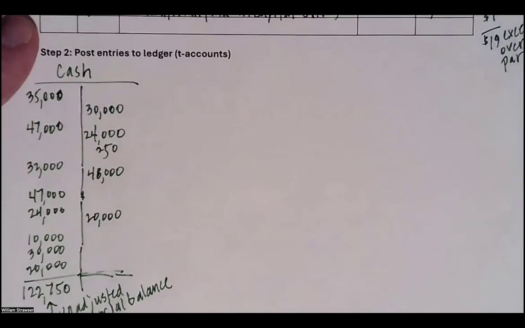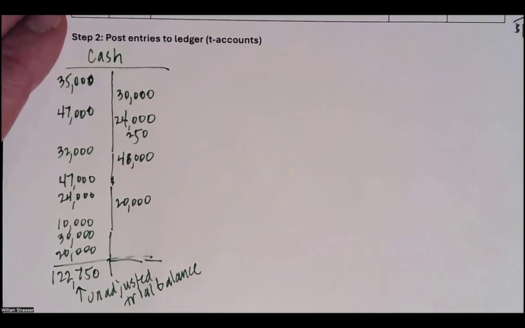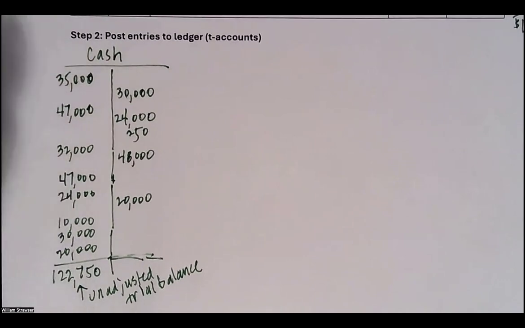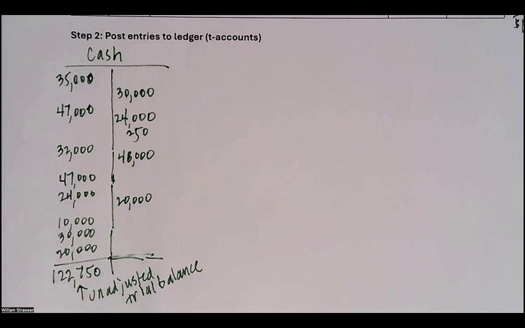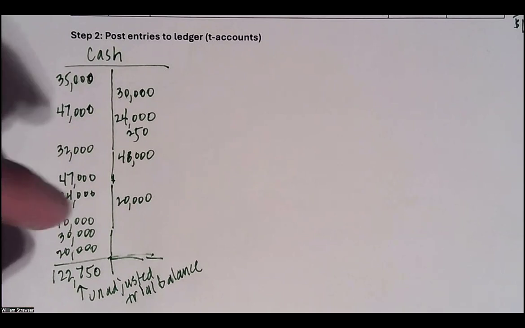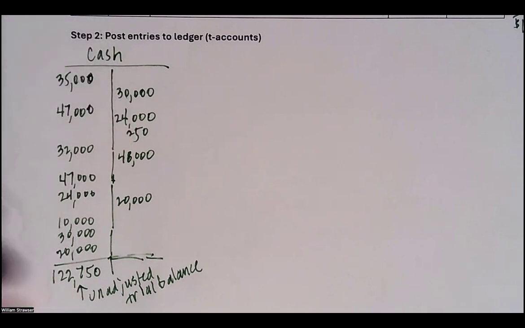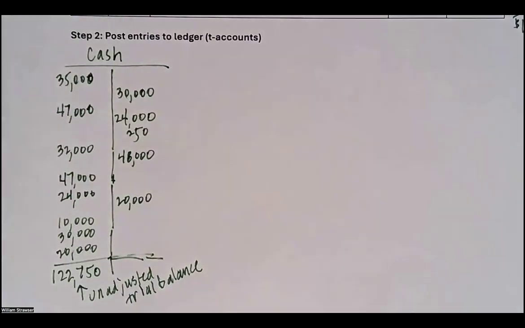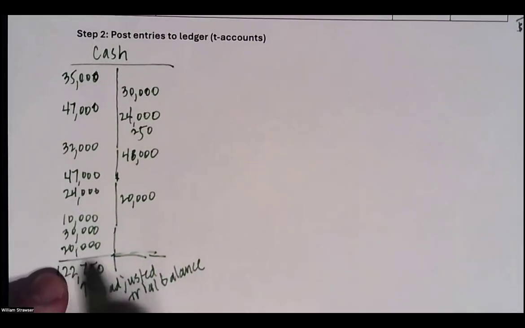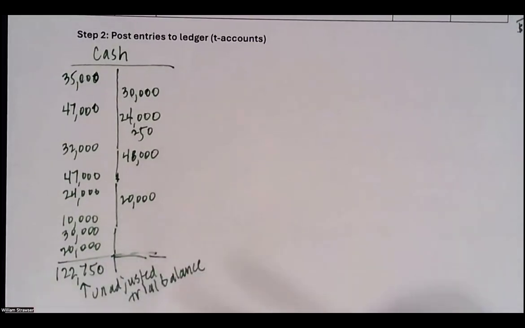Right. So in step two, I'm sorry, butting up against the computer for page real estate here. In step two, what we're doing then is logging in all of those journal entry amounts into the account, reconciling them together to get 122,750. Now, notice I only draw this line when I want to reconcile everything. What does that mean? It means I want to take all these numbers and crunch them together to see where I'm at.